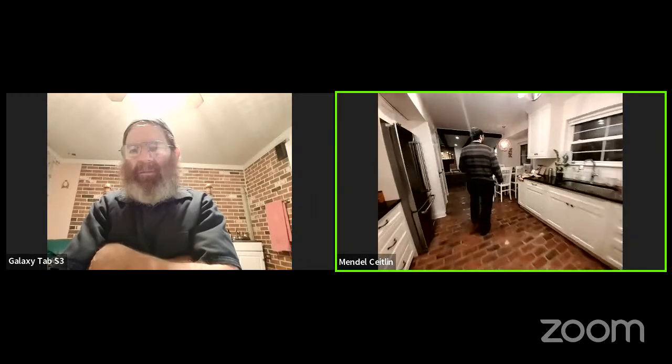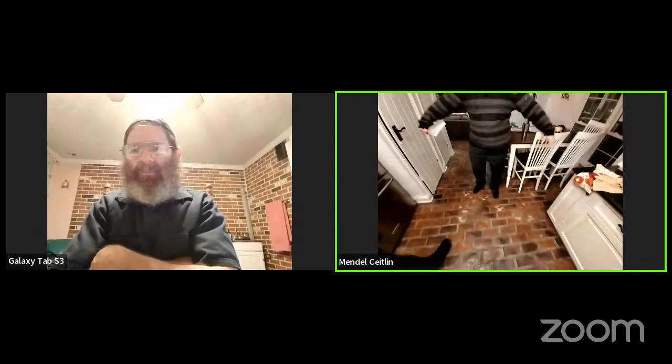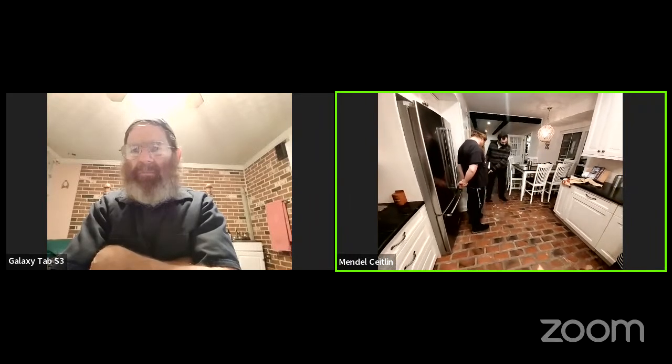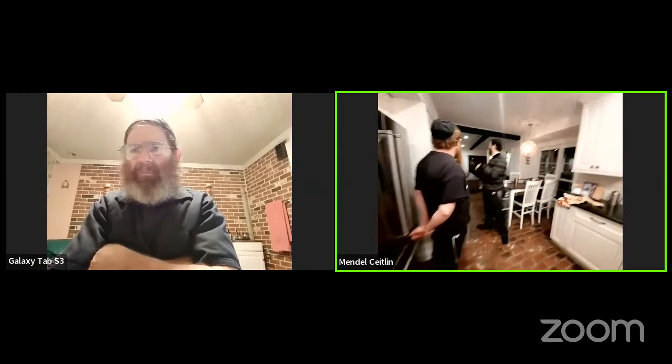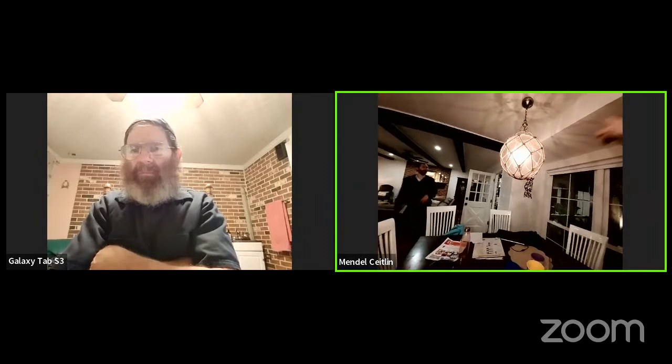See over here, there's no lintel, no doorway. Also, the doorways have to be parallel. Even if this was a doorway and this was a doorway, it's not directly on top. So this one here, you don't need it. But what about this, Rabbi? Look at this. Well, that's not deep enough.